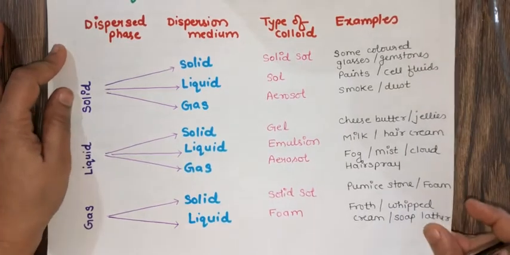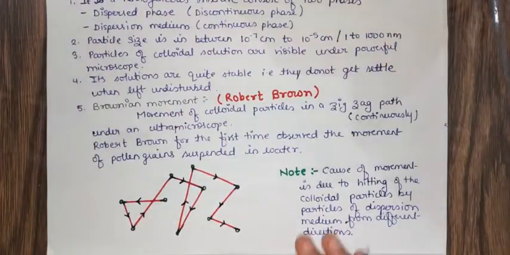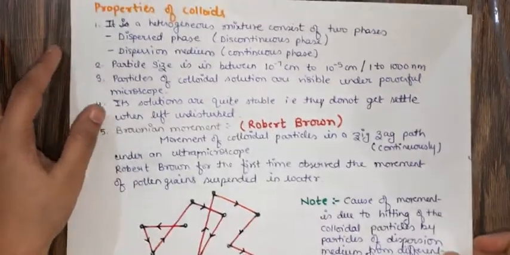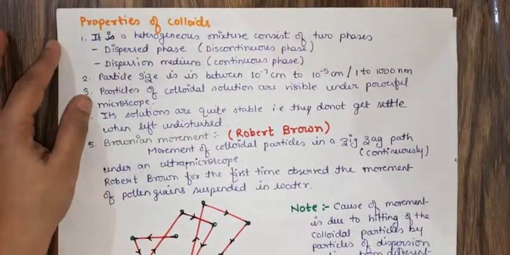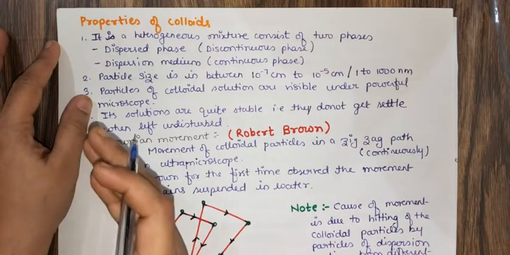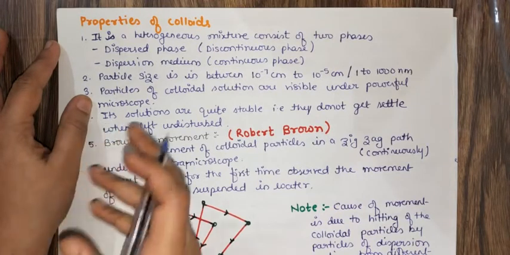Now, let us discuss the properties of colloids. Generally, you know that a colloid is a heterogeneous mixture and consists of two phases, the discontinuous phase and the continuous phase.